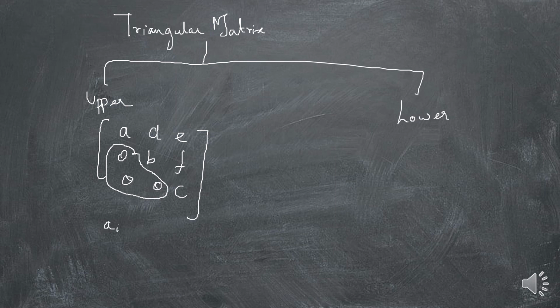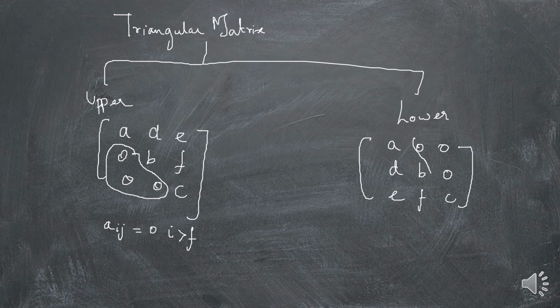Here Aij will be equal to 0 if i is greater than j. And then lower triangular is A, 0, 0, D, B, 0, E, F, C, right? So this is a lower triangular matrix. Here your Aij will be equal to 0 if i is less than j.